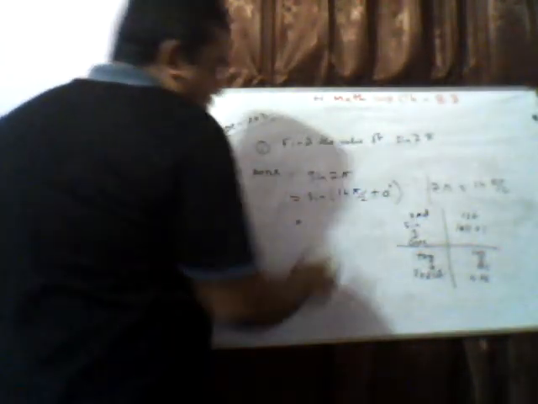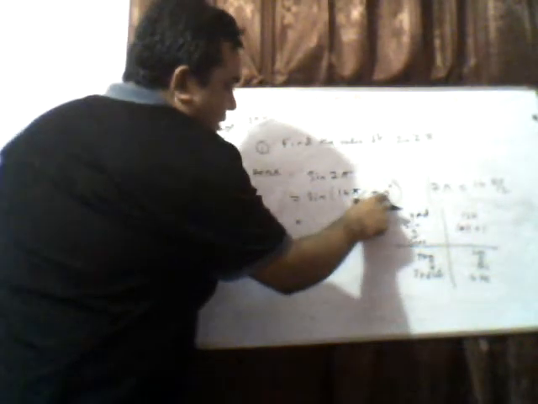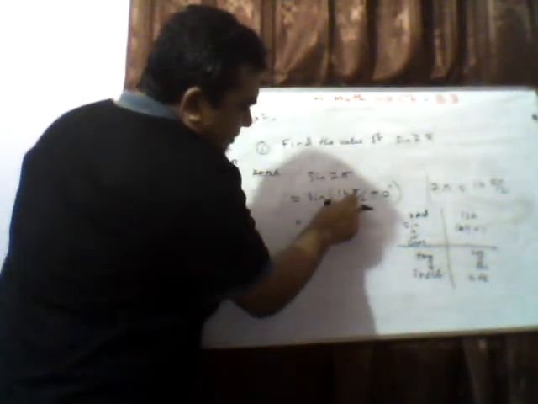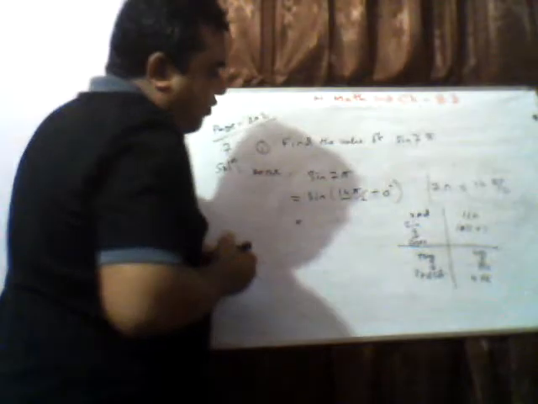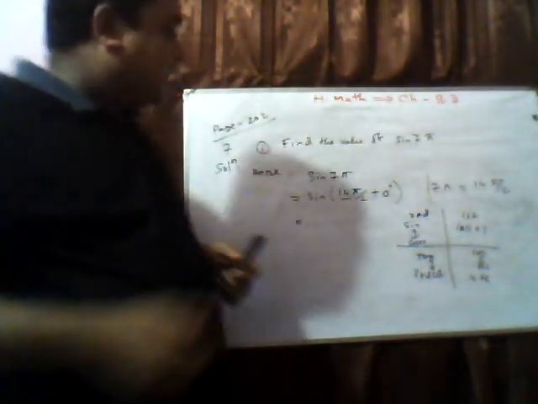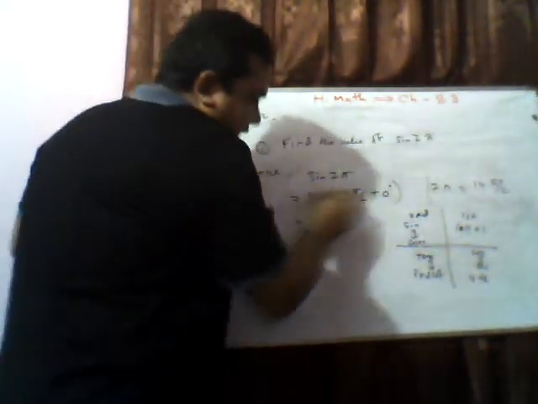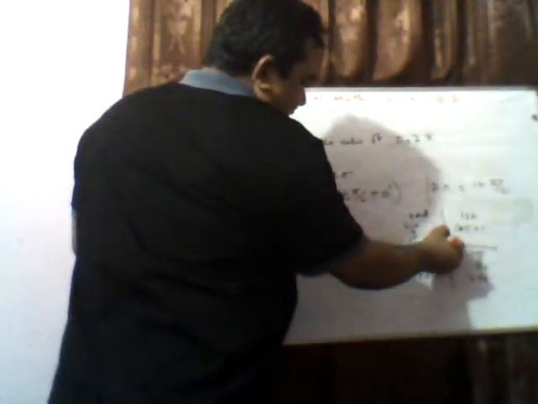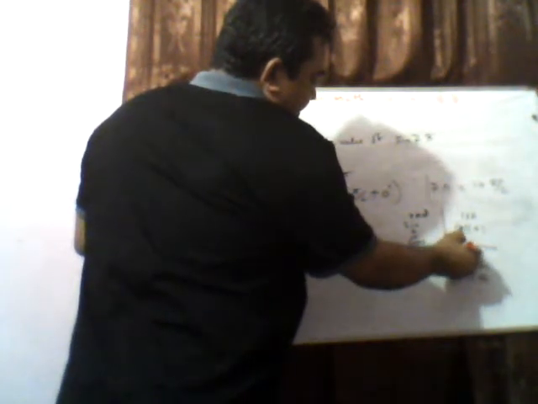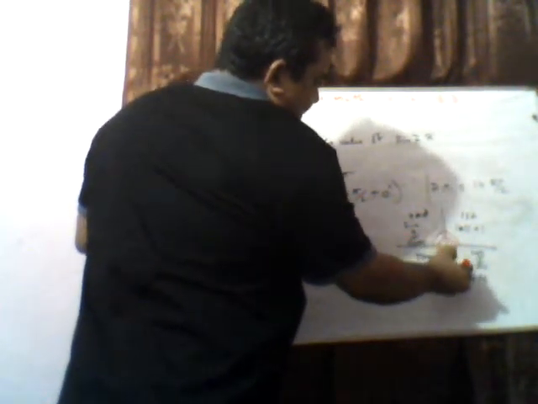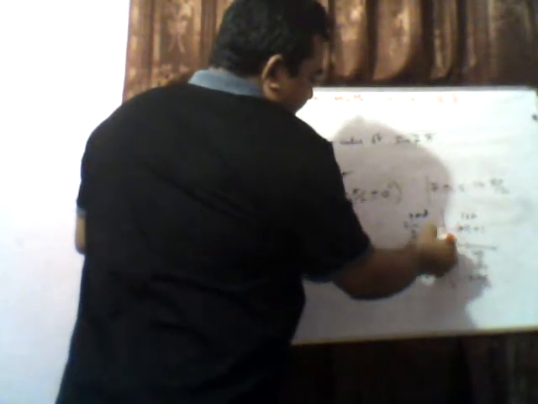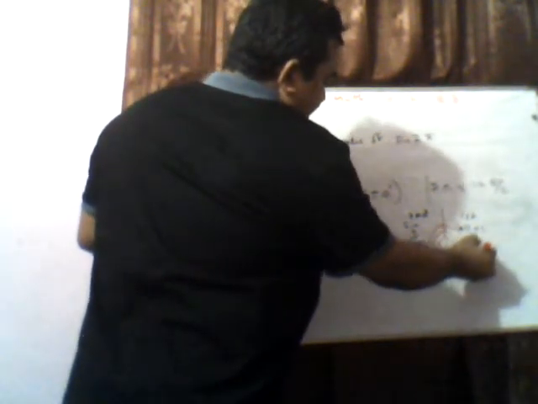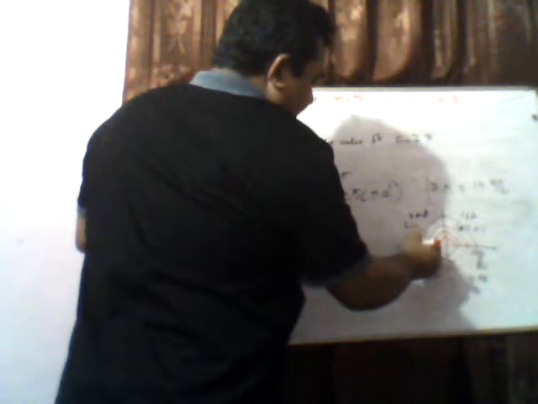So we solve this: 14π/2 + 0°. What is the coefficient of π/2? Here the coefficient of π/2 is 14. So we count: 1, 2, 3, 4, 5, 6, 7, 8, 9, 10, 11, 12, 13, 14.